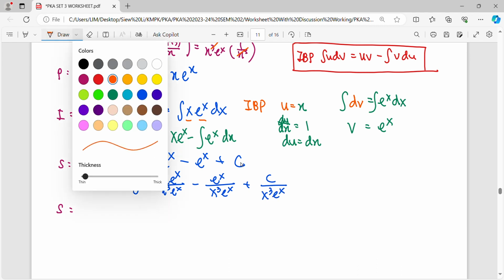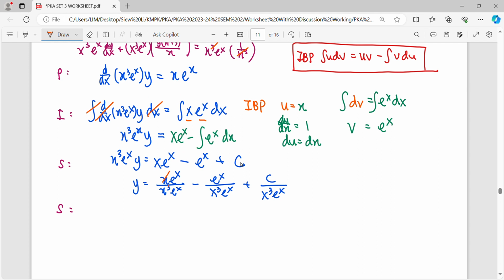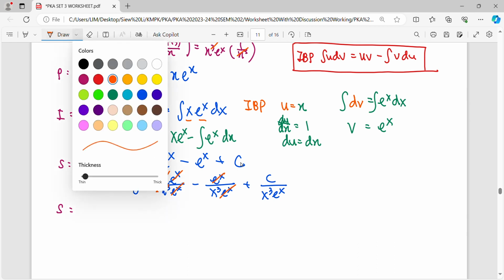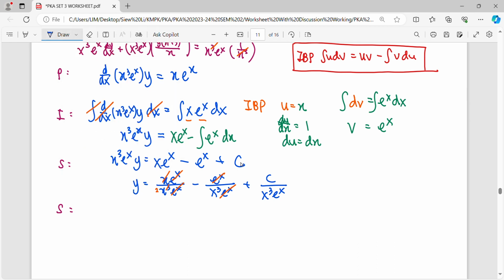Simplify this division: x cubed becomes x squared, e^x cancels. So now your y equals 1 over x squared minus 1 over x cubed plus c over x cubed e^x. So this is your general solution.